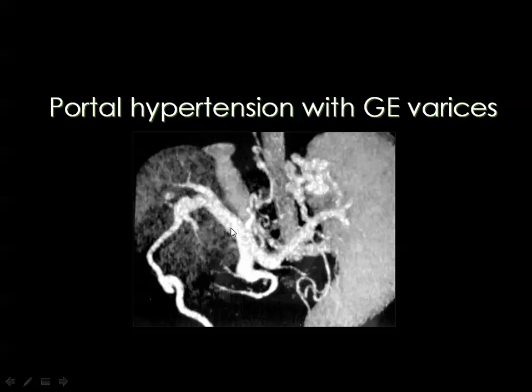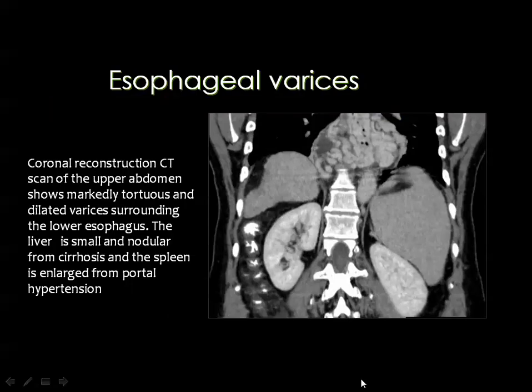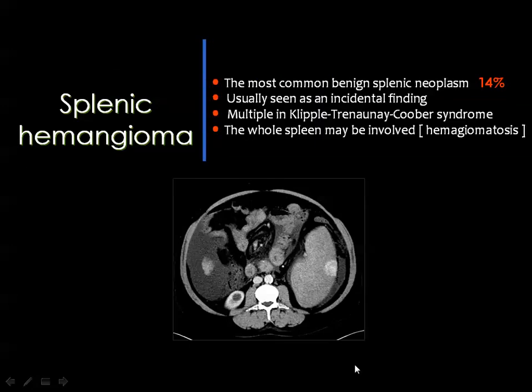You see the portal vein is slightly dilated, and there are some portosystemic collaterals at the gastroesophageal junction. And this is the coronal reformatted image of the CT at the thoraco-abdominal junction, and we see extensive dilated collateral venous channels at the gastroesophageal junction, representing a severe case of esophageal varices.